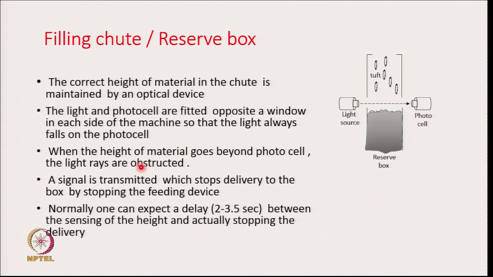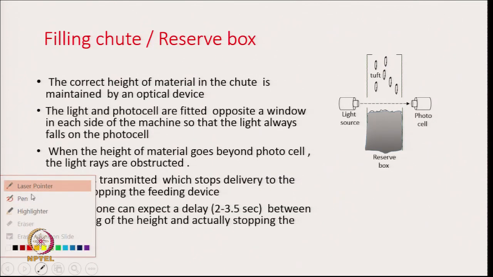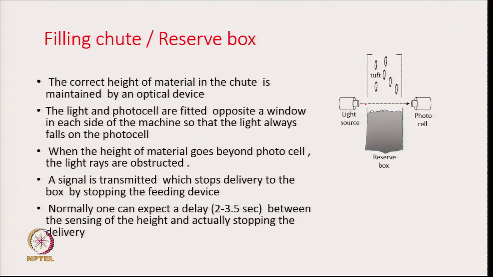So, normally one can expect a delay of 2 to 3.5 seconds between the sensing of the height and actually stopping the delivery. So, here also, by the time the material height is going to be somewhere here, the light will stop and delivery of tufts within this box is going to end.